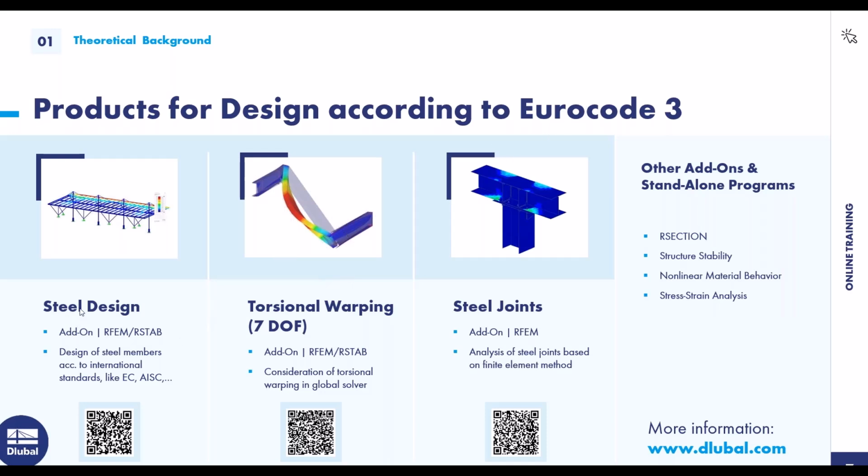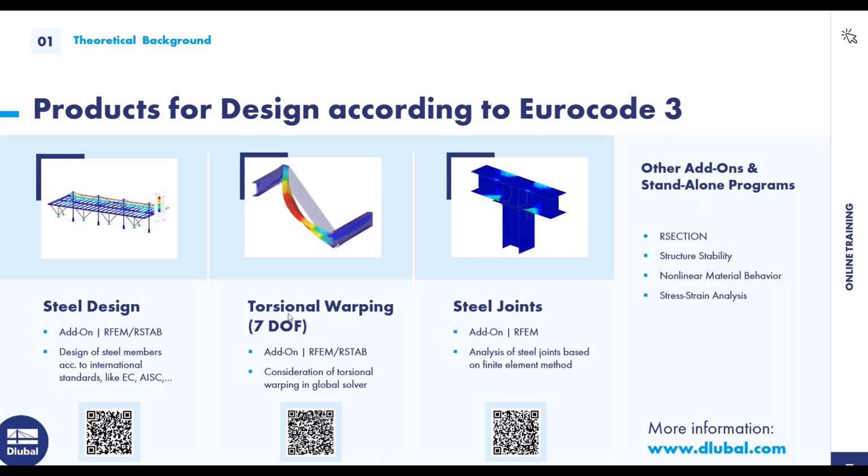Yeah, the most important add-on is the steel design add-on. With that add-on, you can design steel members according to international standards like Eurocode, AISC, and so on. We design according to Eurocode today.